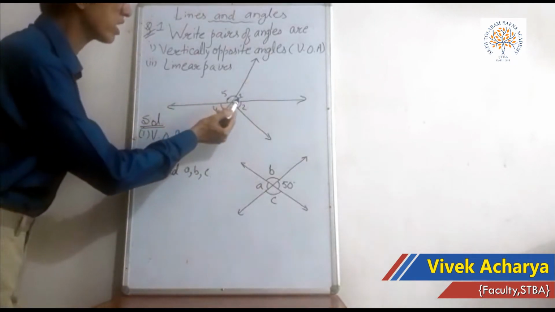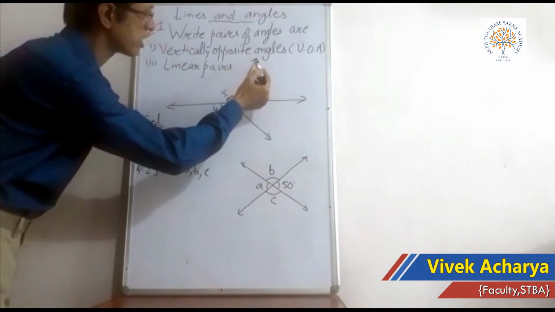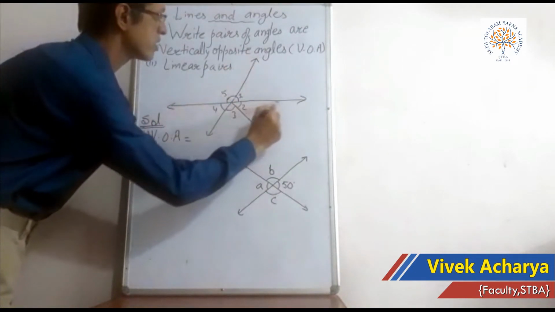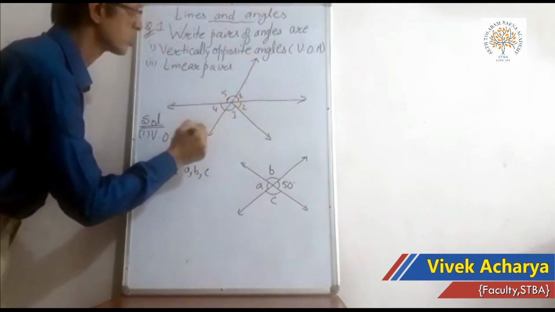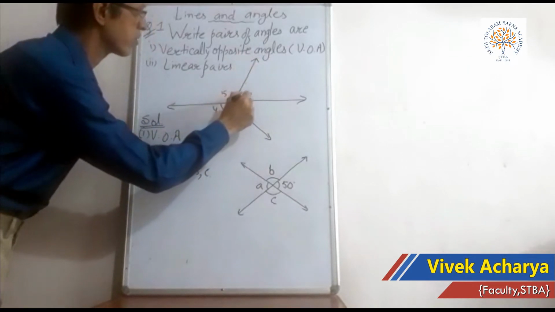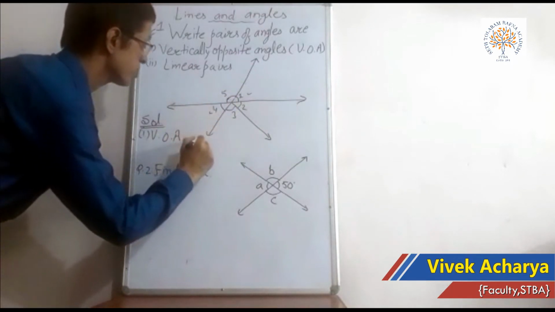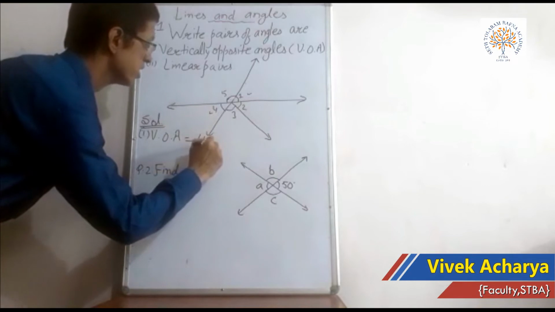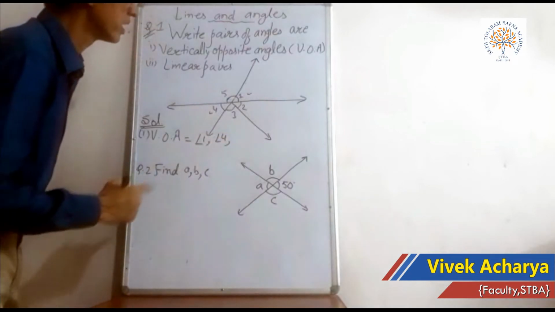Children, vertical opposite angles form when two lines intersect each other. You can see this is one line intersecting the second line here. So the vertical opposite angles are angle 1 and angle 4. So the first pair of vertical opposite angles is angle 1 and angle 4. Now there is one more pair.